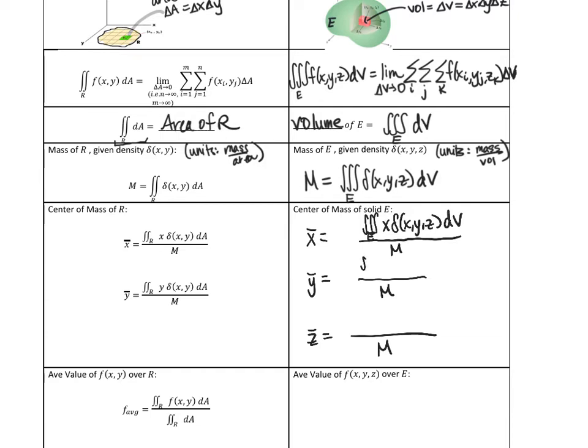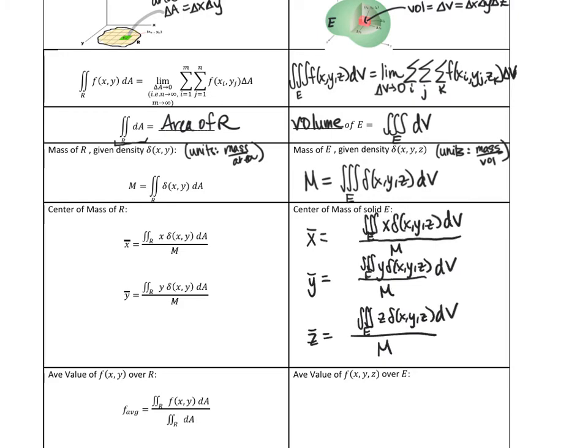And here, again, this is the weighted density. So y bar will be y times the density, and z bar will be z times the density, dV.